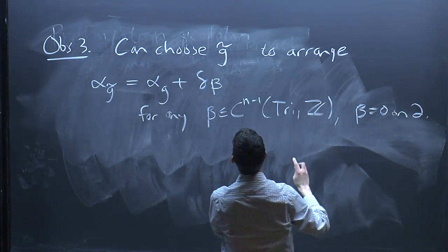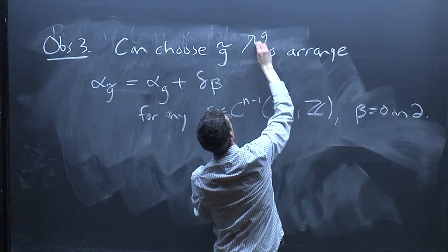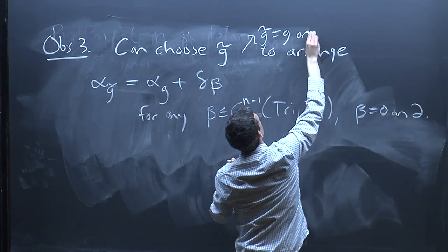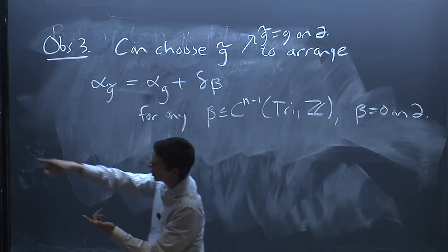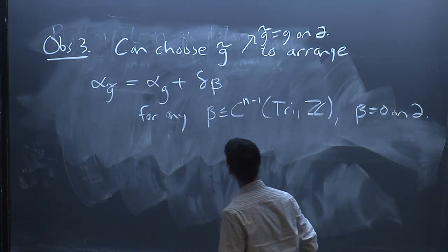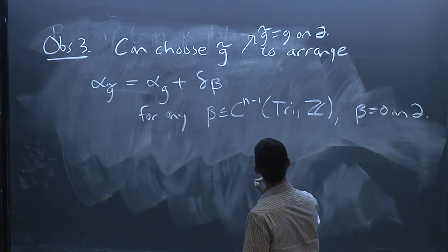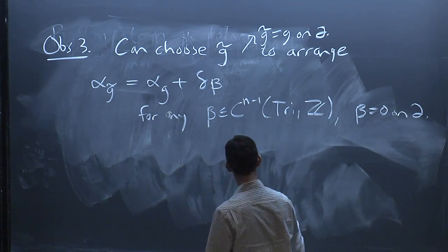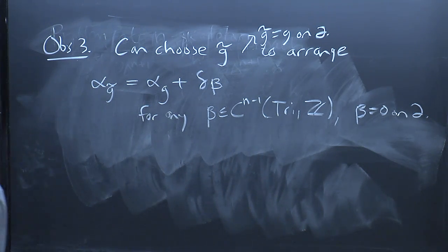And the reason for vanishing on the boundary is that this G tilde is supposed to be equal to G on the boundary, because all of our maps are equal to F on the boundary. OK. So why is that? Let's erase here.